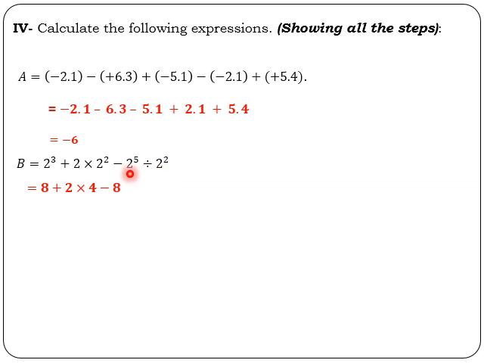I can say that it's 32 divided by 4, which is 8. Now we have 8 plus 8 minus 8, so the answer of B is 8. Here I have to say that's 32 divided by 4, okay?